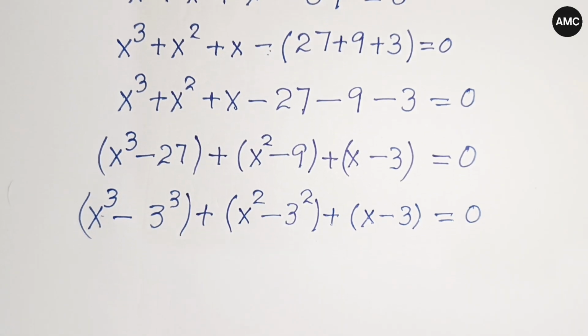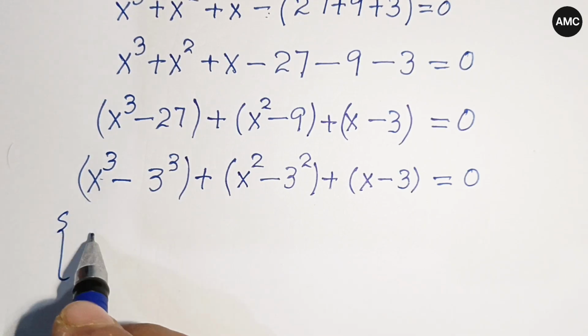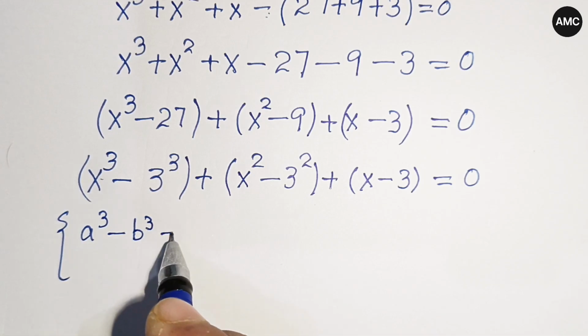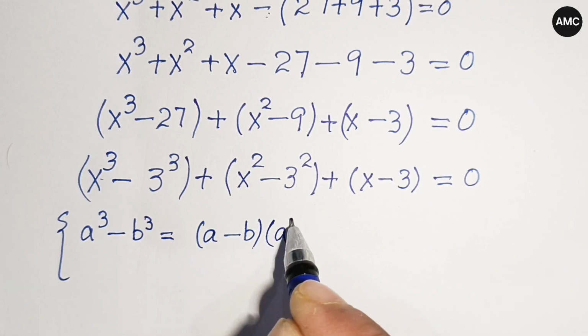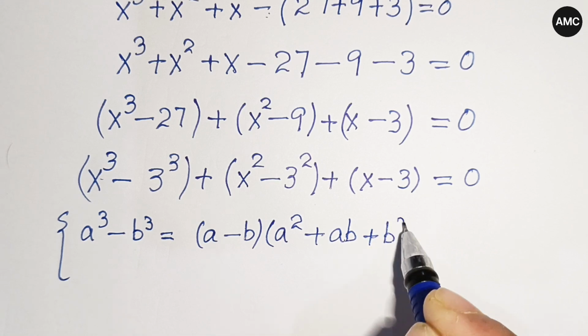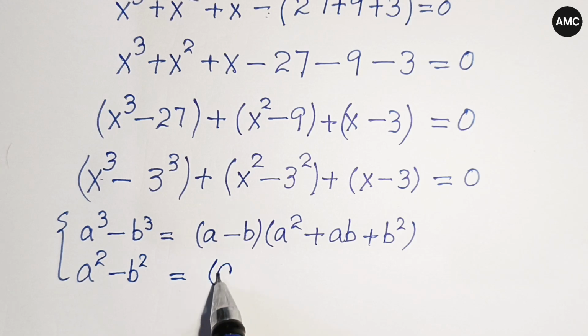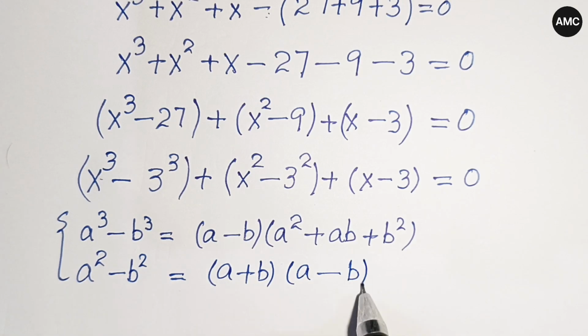Now we know by algebraic formulas that if we have a cubed minus b cubed, it is equal to (a minus b) times (a squared plus a times b plus b squared). Similarly, we have another identity, a squared minus b squared is equal to (a plus b) times (a minus b).